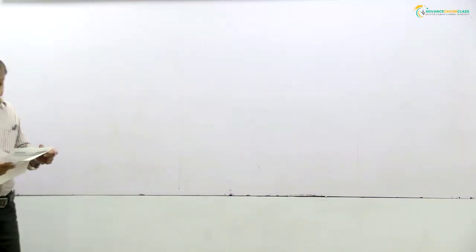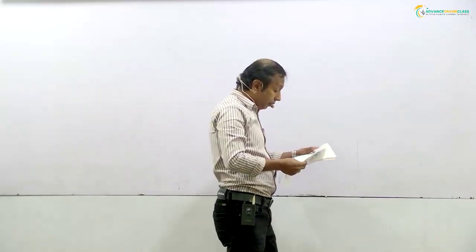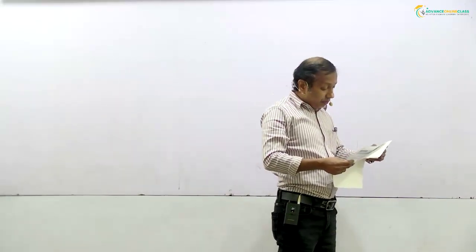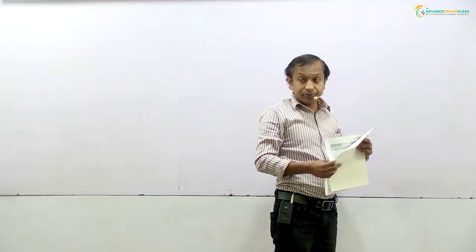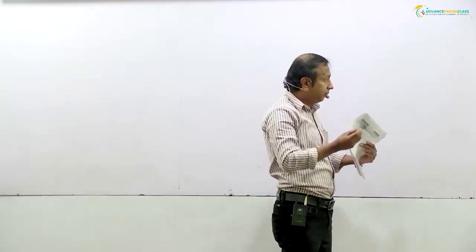Vector question. OABC is a parallelogram with OA equal to A, OC equal to 2A. OABC, right? Angle AOC is pi by 3. Like this.